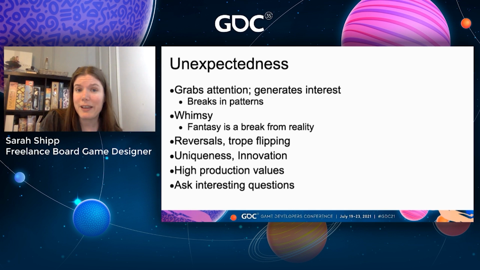I particularly like trope flipping because it requires a minimal amount of effort to achieve results. Theme-forward techniques like that don't increase the cost of the game in the way adding miniatures does. It's a low-impact way to get a lot of results. It's cheaper.